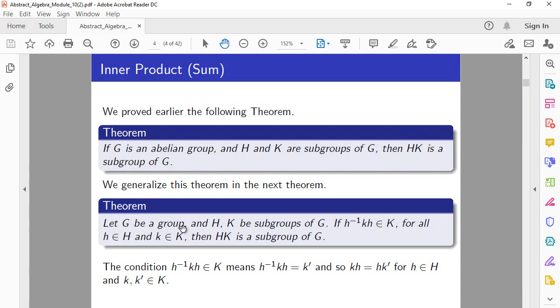Now, we proved this theorem when we talked about subgroups in an earlier video.